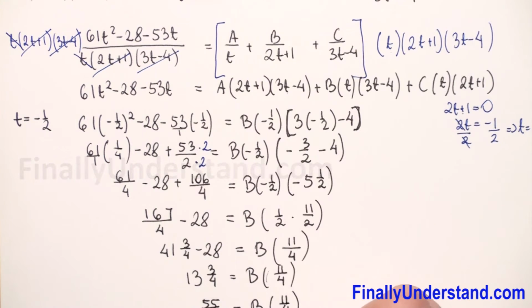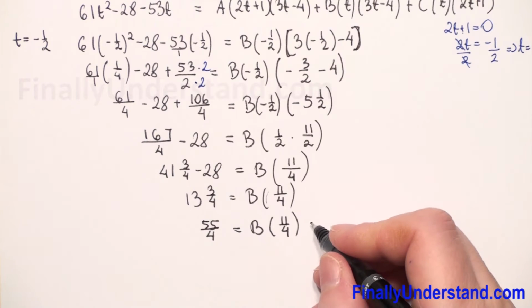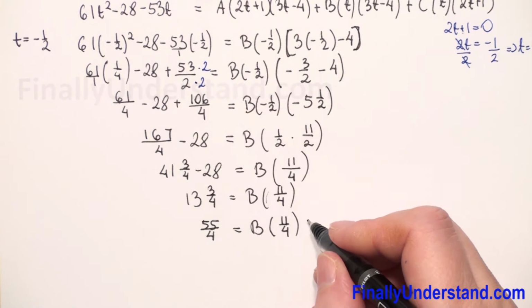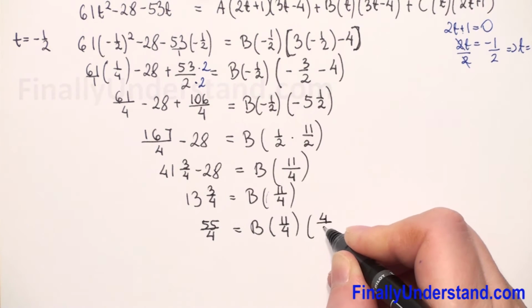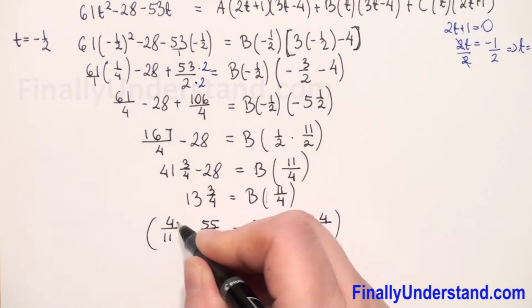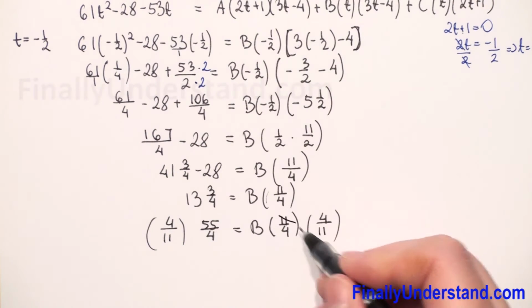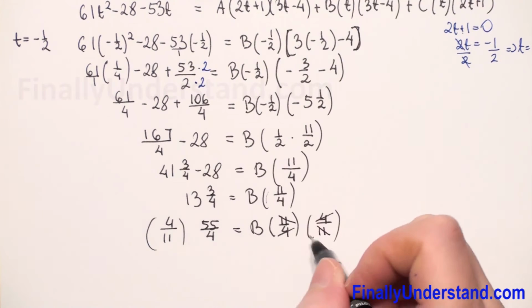To get rid of these fractions, because we need to find b, I will multiply both sides by reciprocal of 11 over 4, so it will be 4 over 11. And we see that 11 we can reduce with 11 and 4 with 4, so it will be 1 only.